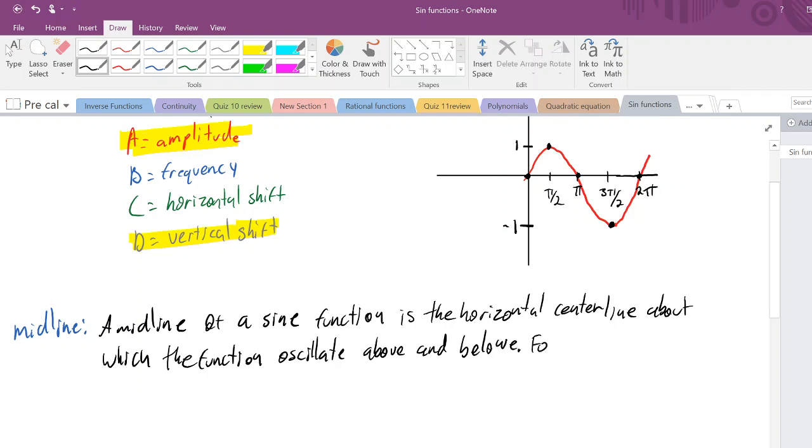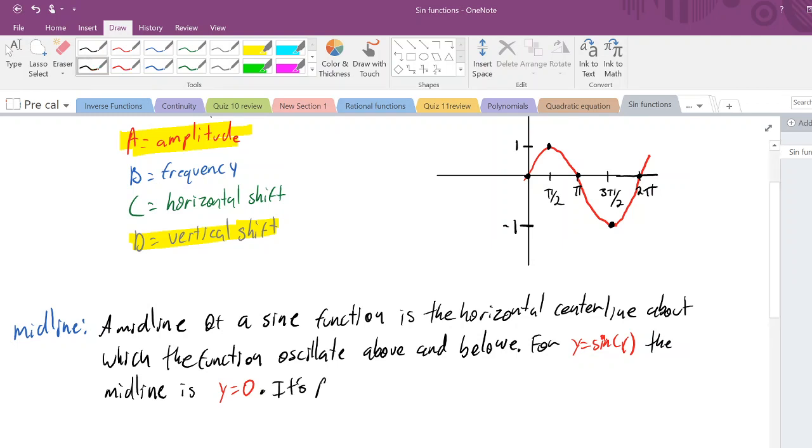For y equals sine of x, the midline is y equals 0. Alright.